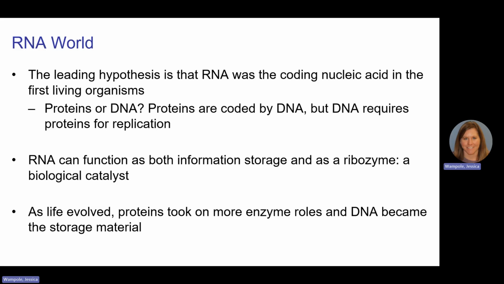One of the things that our textbook goes into at this point is a little bit deeper discussion on RNA and the importance of RNA, and why RNA is used in our cell.